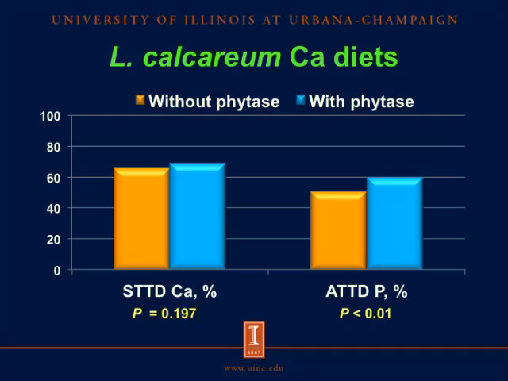These are the L-calcareum calcium diets, and here we observe that the inclusion of microbial phytase did not affect the STTD of calcium. This may indicate that calcium was not bound to phytate, and we don't know the chemical structure of the calcium present in this product. But the inclusion of microbial phytase increased the digestibility of phosphorus due to the release of phosphorus from phytate.